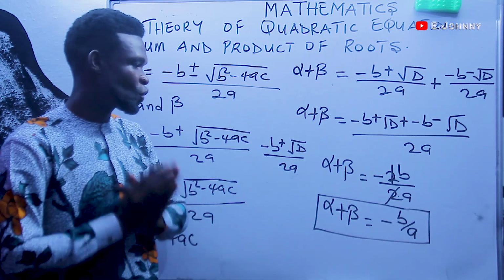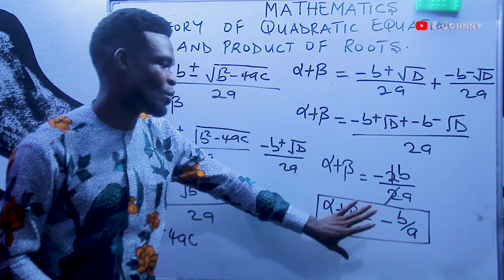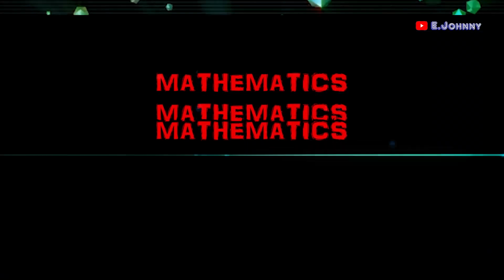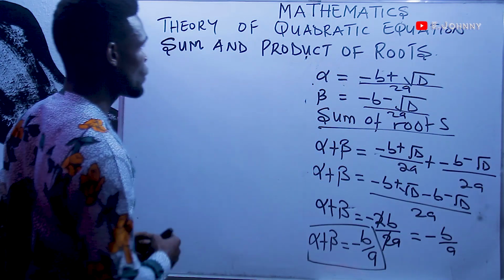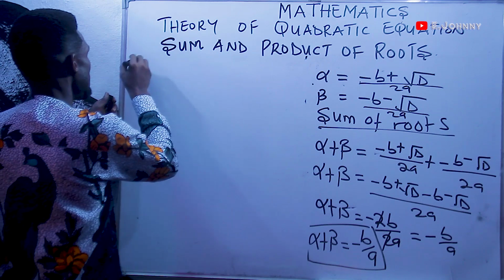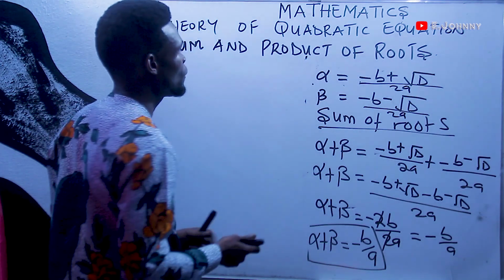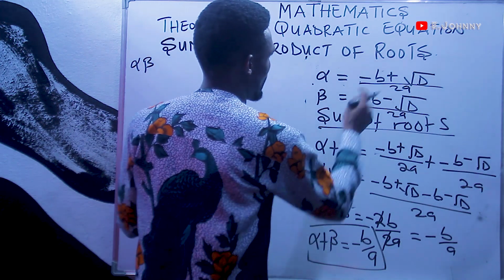Anytime we're talking about sum of roots, this is what you must have at the back of your mind. For products, that is to say alpha beta, that is alpha times beta. What is alpha?